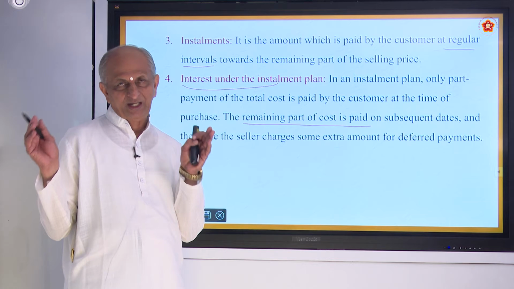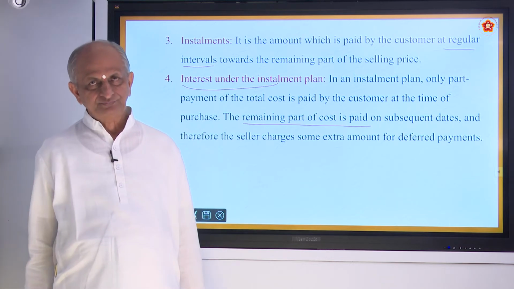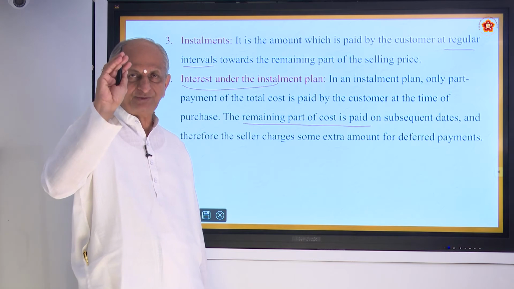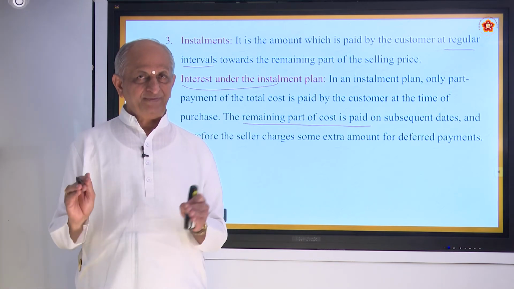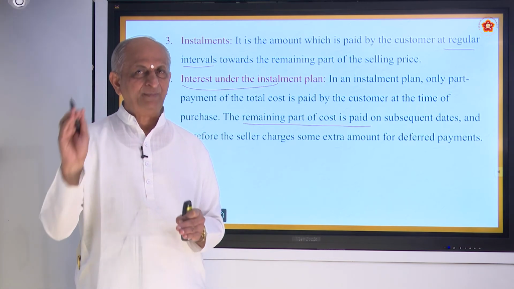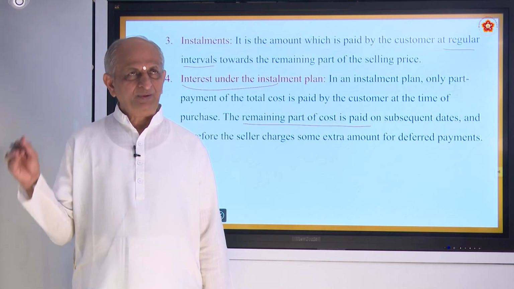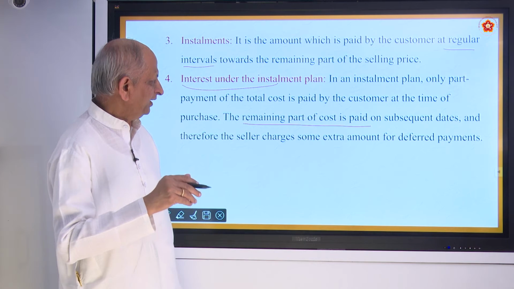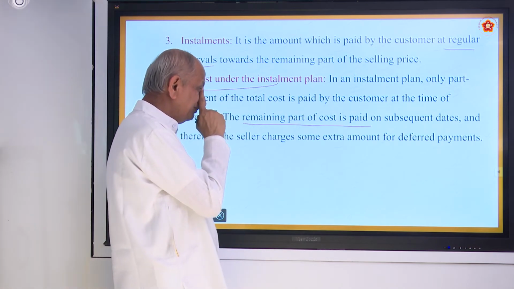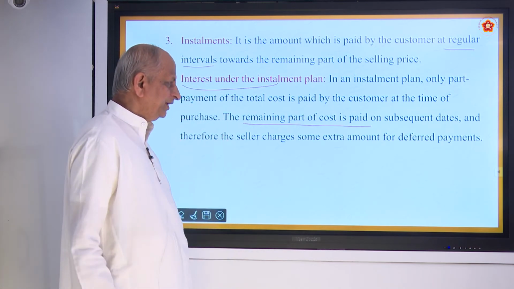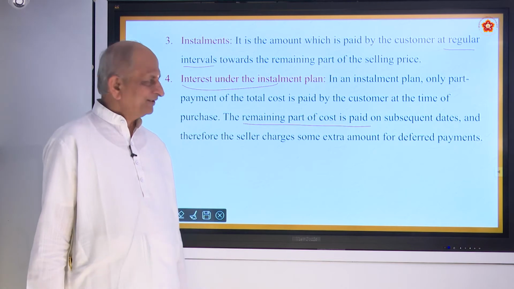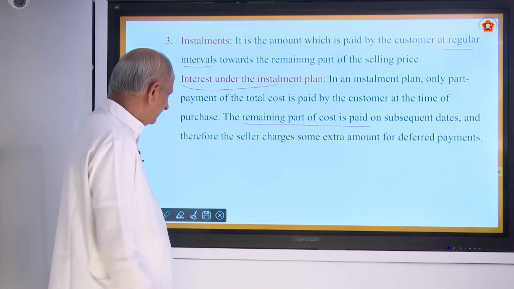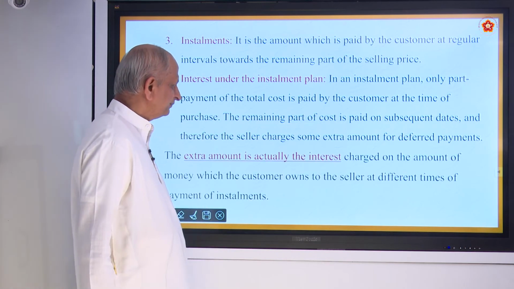For example, if 1 lakh rupees is the cost of the bike, the buyer will give 50,000. The remaining 50,000 he will give in installments, of course over some 2 years or 3 years. Then the seller will charge some interest on it because he has to maintain things. That is what is called interest. We will work out some examples for that, then you will understand better.